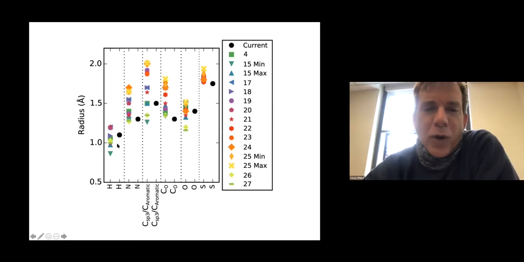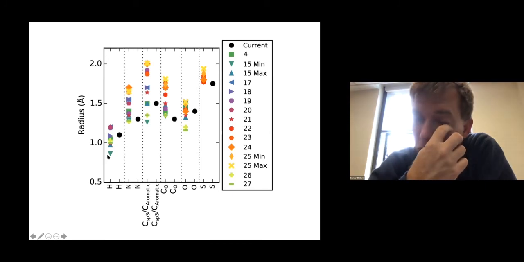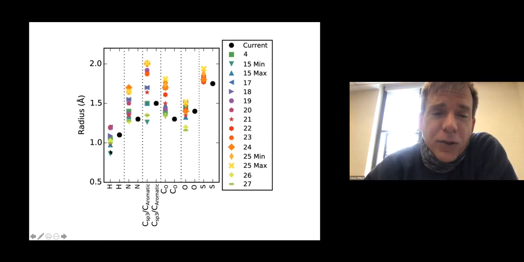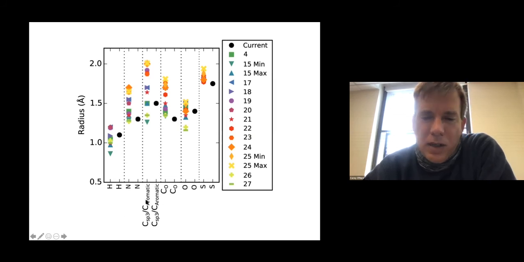For example, I've looked in the literature. The colorful symbols represent literature values, both experimental and computational, of the atomic radius that have been quoted for the different atoms. I've also allowed two different values for the carbons: a different size for the carboxyl carbon compared to other types of carbon.